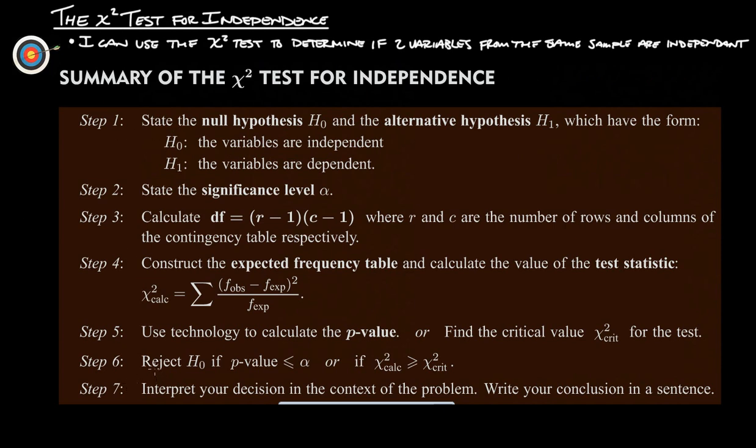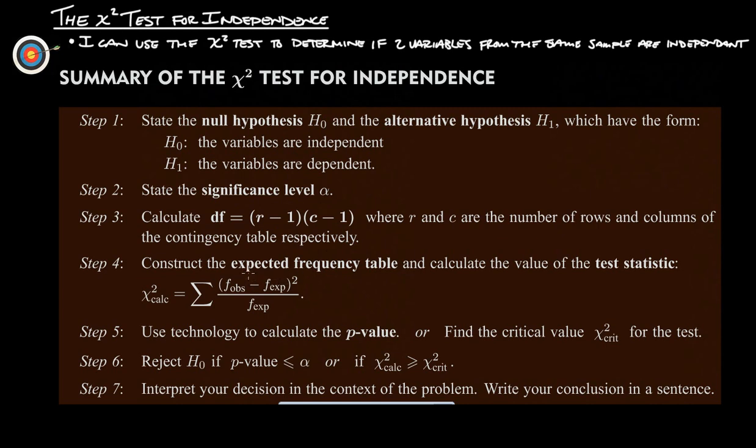We're going to state the null hypothesis just like normal, and the alternate hypothesis, and it even tells you exactly what to write there. Significance level, degrees of freedom, which is a little different with this, but we'll show you the difference. Construct the expected frequency table and calculate the value of the chi-squared test.